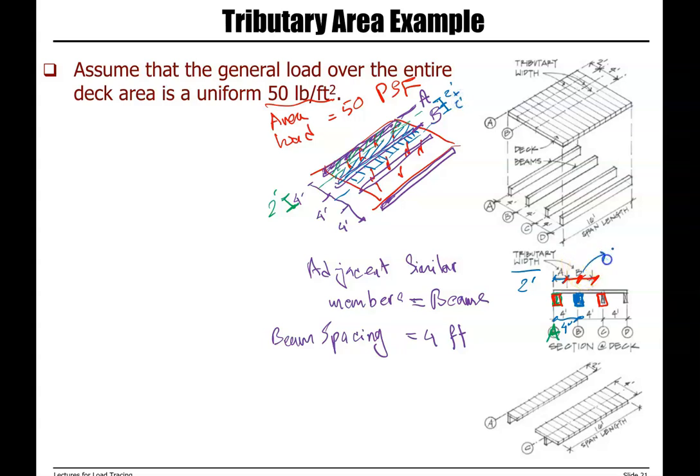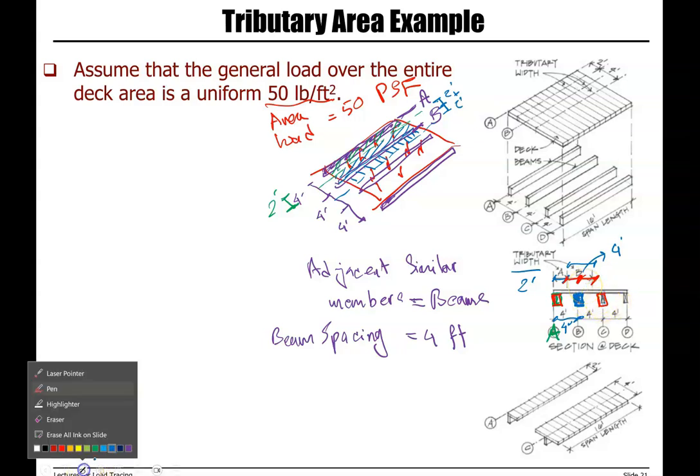So tributary width for beam B is 4 feet. For beam C, we have the same thing.